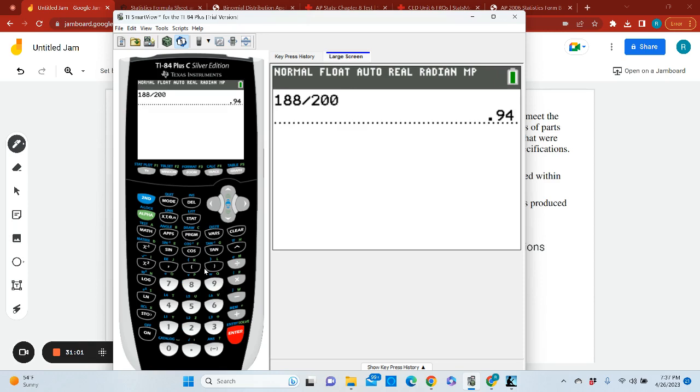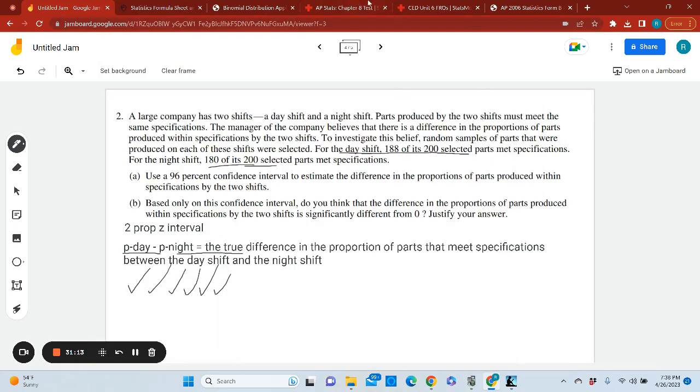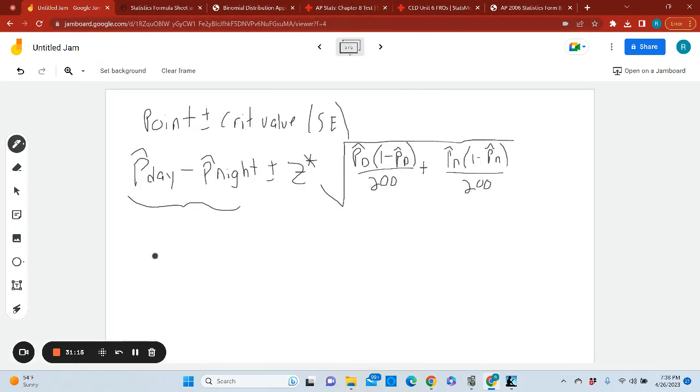So in day shift, we're at 94%. It looks like the night shift is going to be 90%, or 180 out of 200 is 90%. So the sample difference is going to be about 4 percentage points, right? So I'll write that in here. P hat day shift, 0.94 minus P hat for the night shift, 0.90.